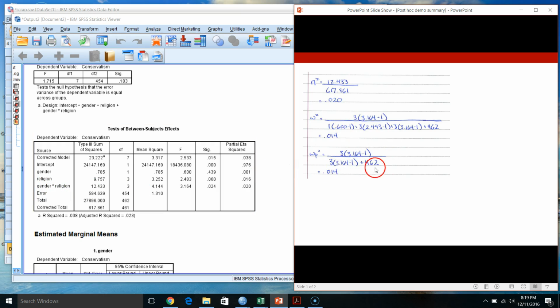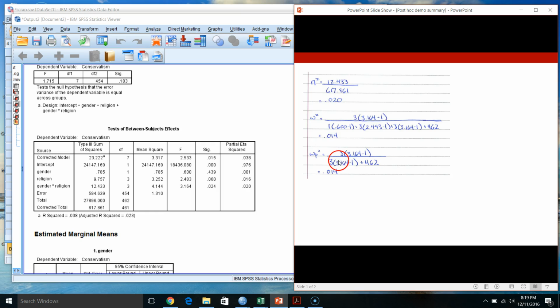Alternatively, we can calculate partial omega squared, and this is probably going to be our best bet in terms of an omnibus effect size to be reporting for a factorial ANOVA design. Remember, our partial effect sizes, our partial coefficients, are going to be more useful in terms of comparing across different types of designs. Our partial eta squared here is 0.02.